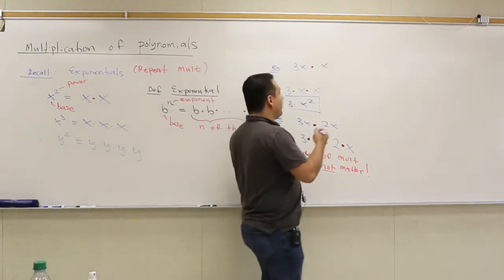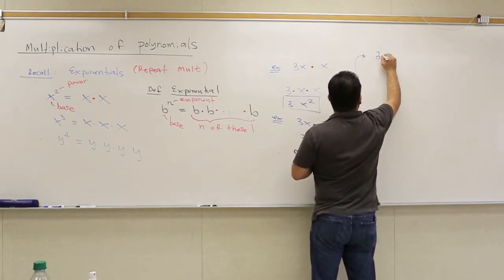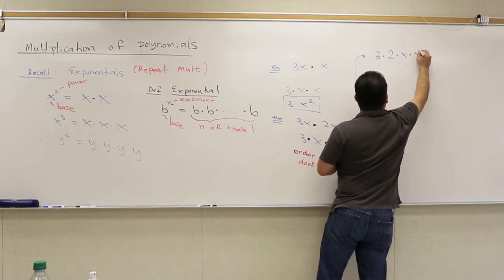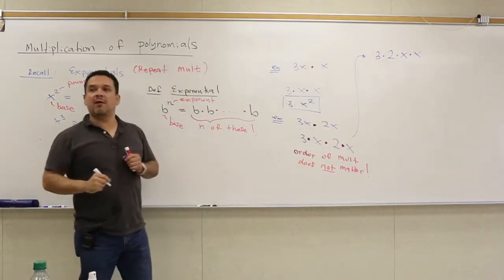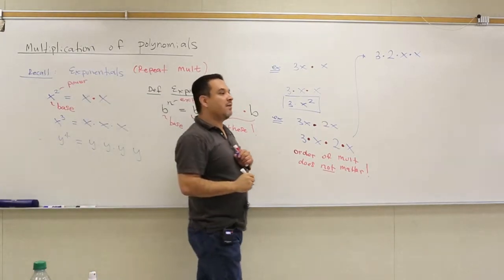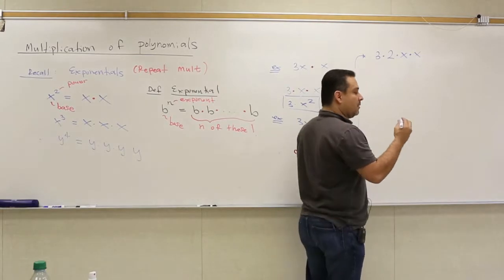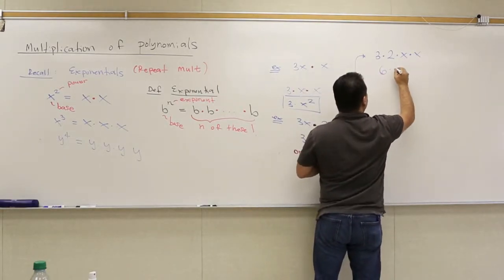So what I end up with here now is 3 times 2 times x times x. What do you guys notice about this? What's the benefit of doing that? What's 3 times 2? 6. And then what's x times x?